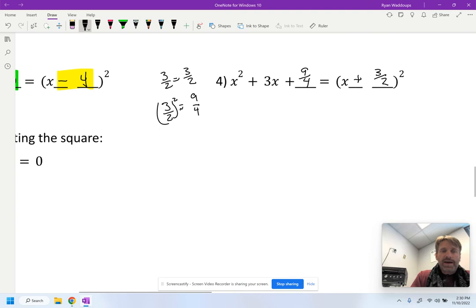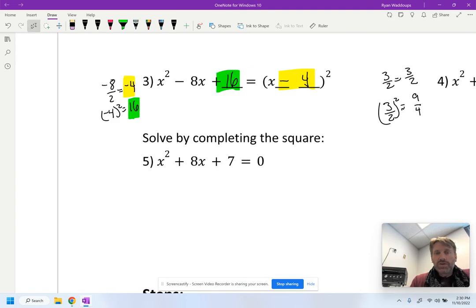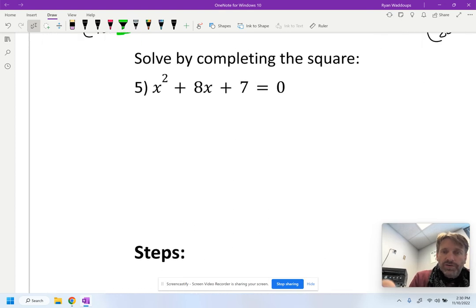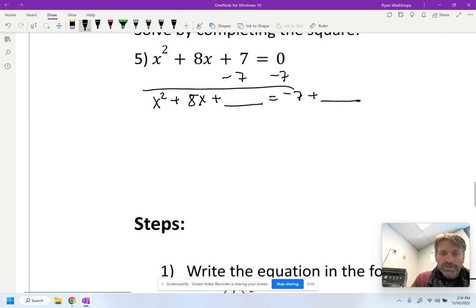So we're going to do that when we're solving by completing the square. On number 5, the first thing we want to do, I'm going to subtract 7 to write this in the form x squared plus 8x plus something equals -7 plus something, just so we can remember whatever we do to one side, we're going to do the same thing to both sides.